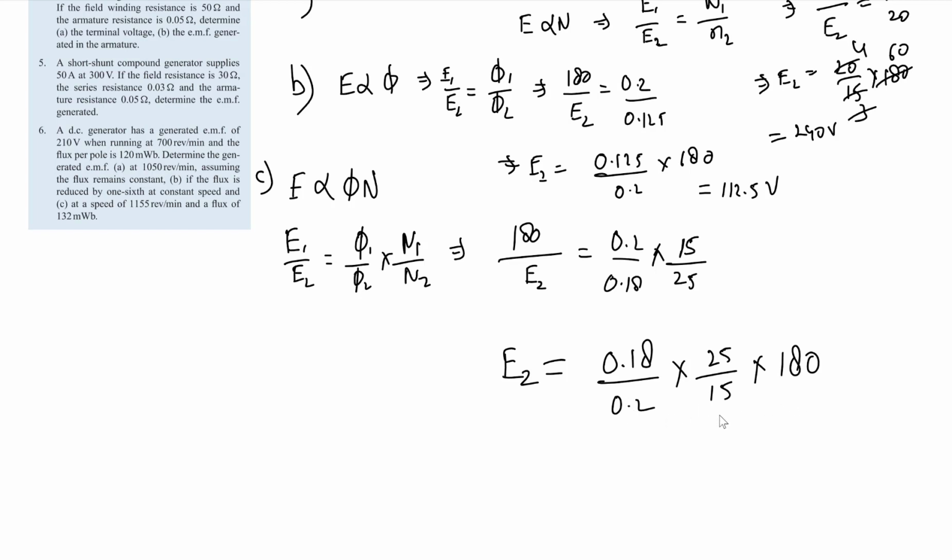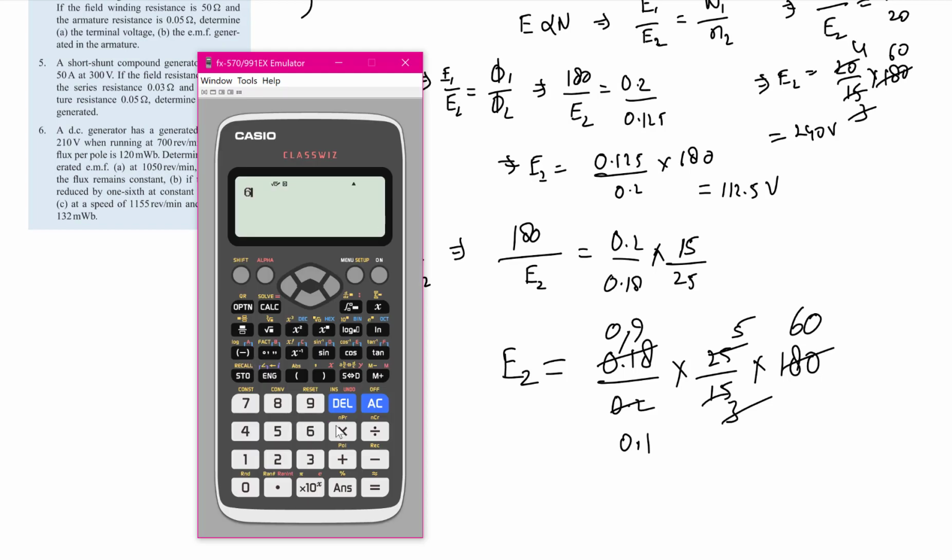So this I can take: 5 threes are 15, 5 fives are 25, 3 sixes are 18, 60, and 0.2, 0.18. Cancel out this 0.1, this point. So we got 9 into 5 into 60, which gives 2700.